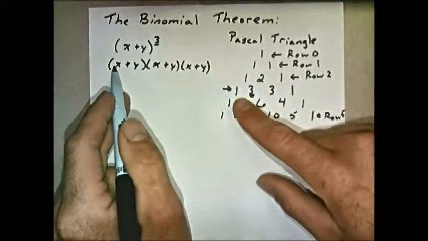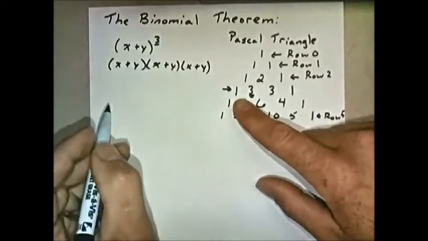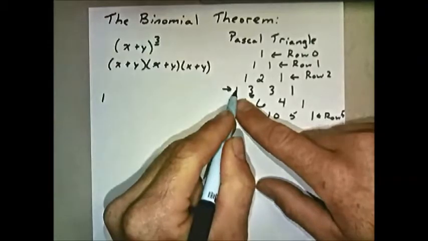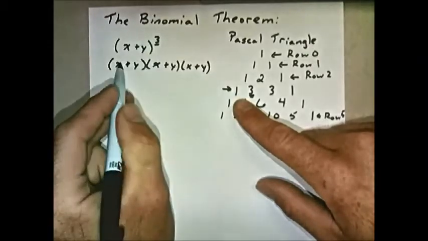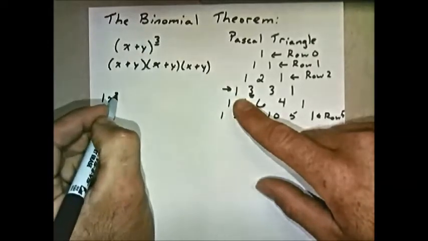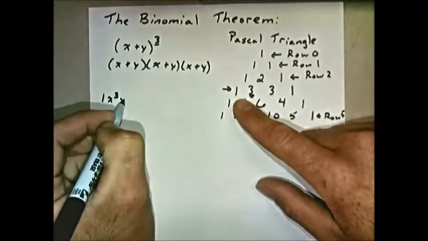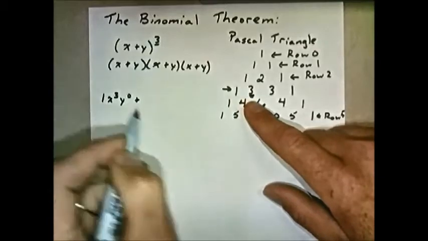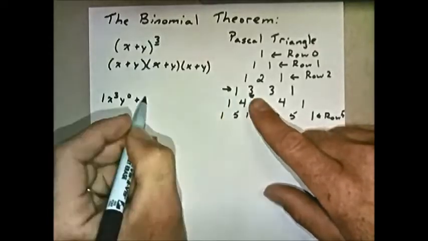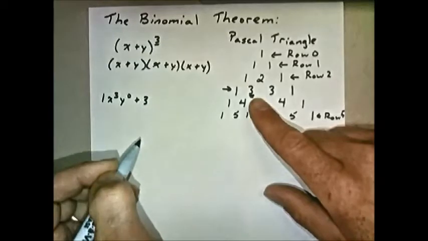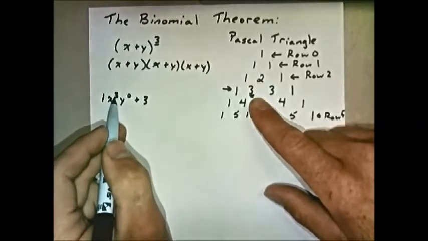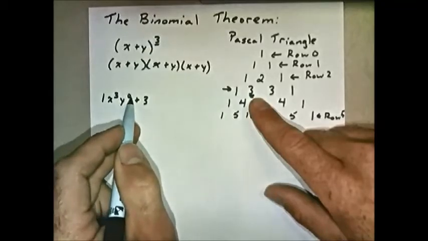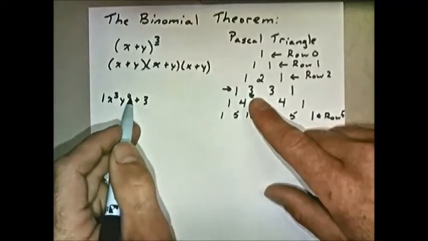So looking at Pascal's triangle and these terms, we're going to start with a 1, which is the first number in our Pascal's triangle. We have x, multiplying those 3 x's together gives us x to the third. And then we have no y's in that first term. Plus, bring in our 3 from Pascal's triangle. Now we're going to decrease the exponent for our first term and increase the exponents for our second term.